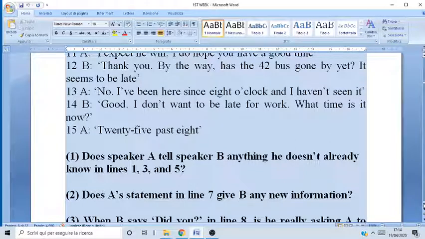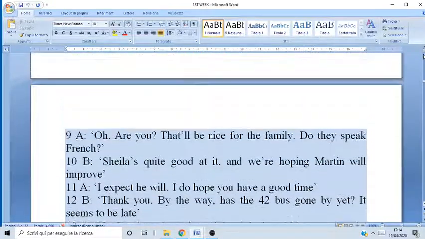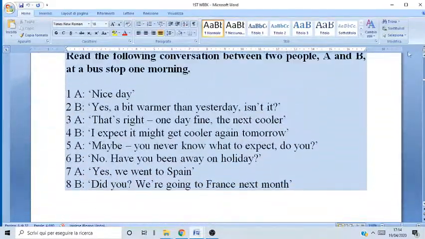Okay, now, does speaker A tell speaker B anything he doesn't already know in lines 1, 3, or 5? Anything he doesn't know. Let's see. Lines 1, 3, and 5.